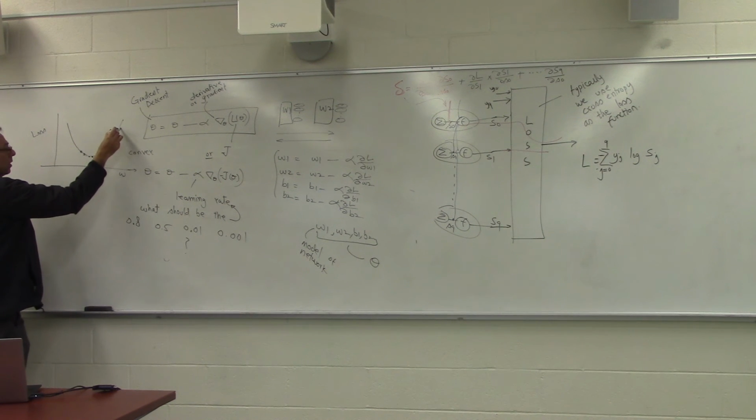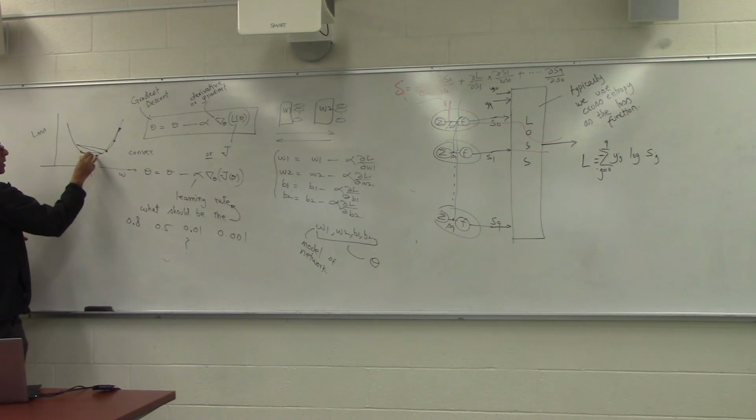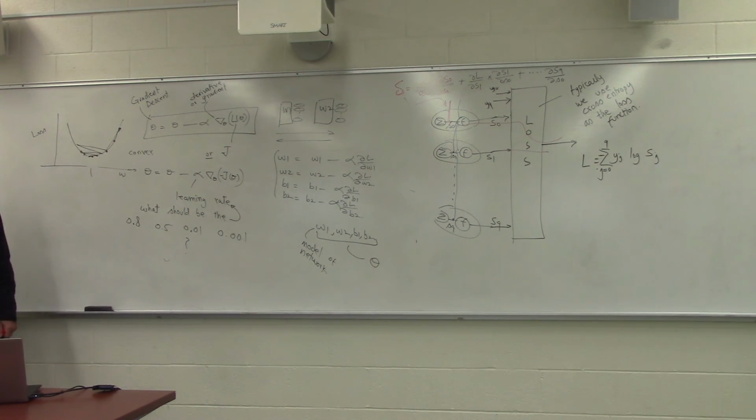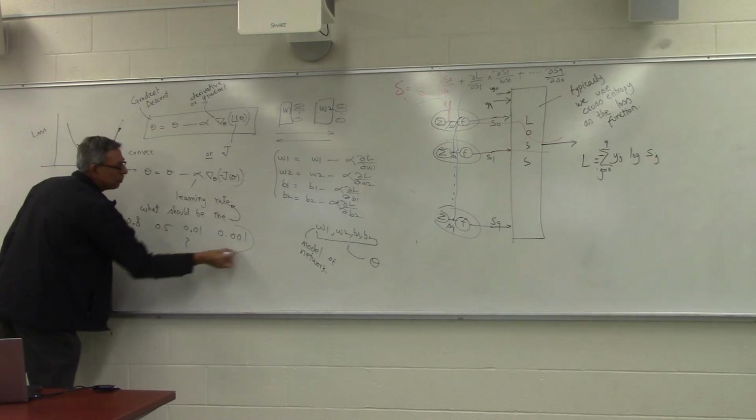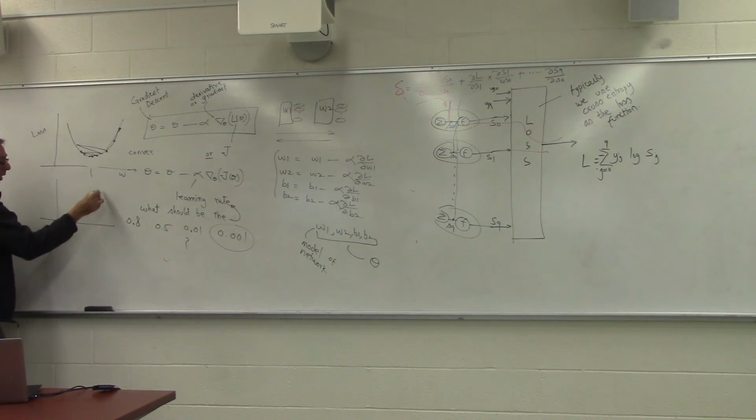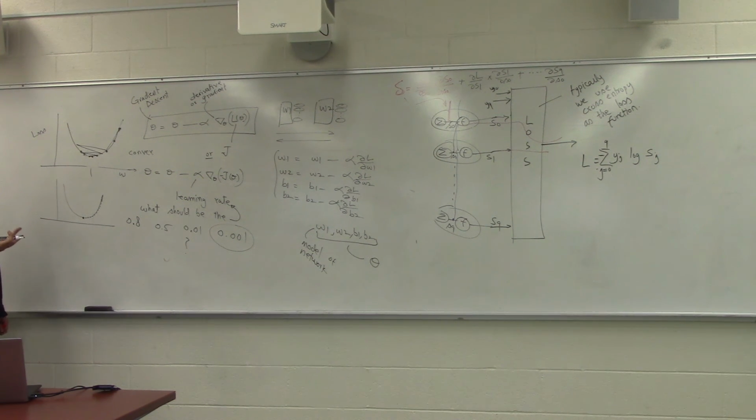Meaning it will oscillate, perhaps something like this, until it comes to the final point, right? On the other hand, what if we pick a very, very small learning rate? Then it will basically be moving very slowly. It will not oscillate, but the execution time of our code will be very high, right?